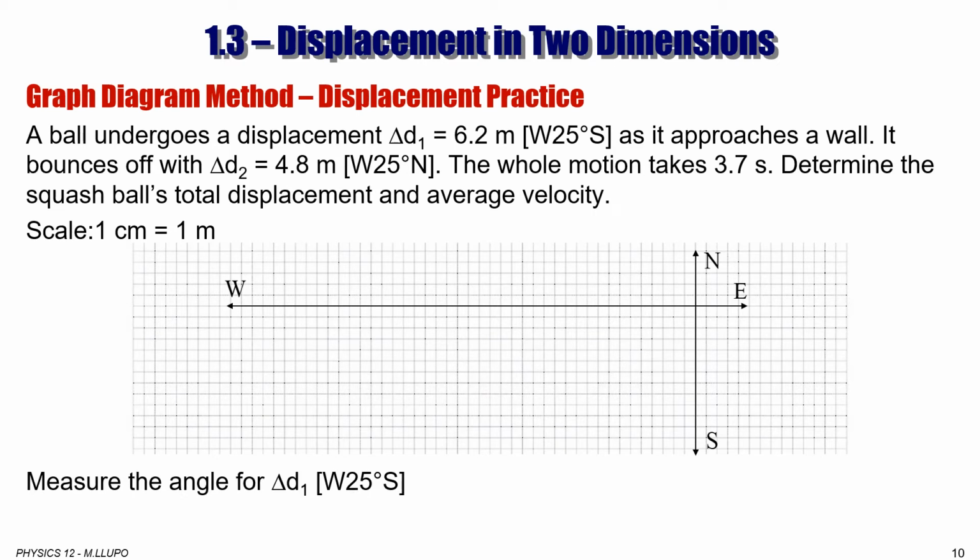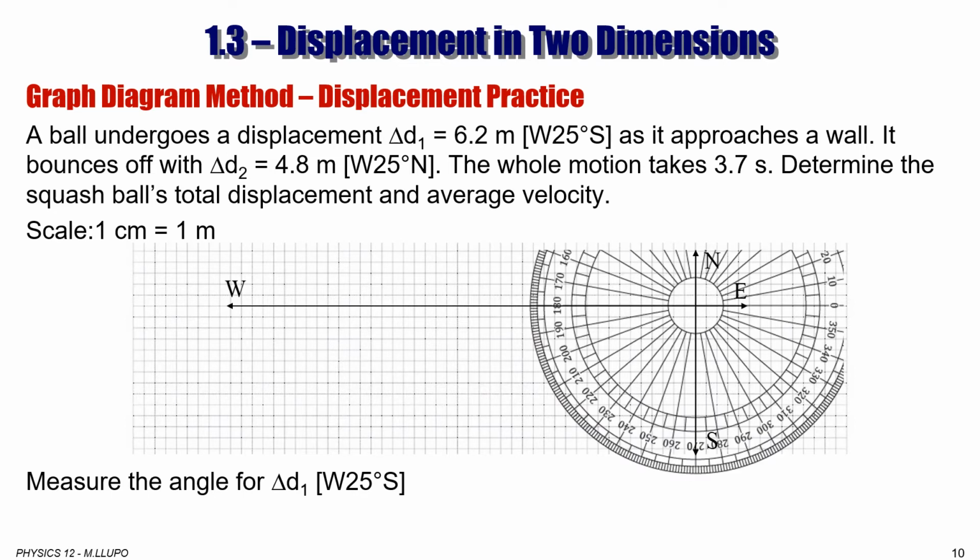After drawing the coordinate system, I need to measure the angle for vector delta D1, west 25 south. So pretty much it is going to be between west and south. It's going to be somewhere here, but has to be absolutely accurate. So that's why you use a protractor.